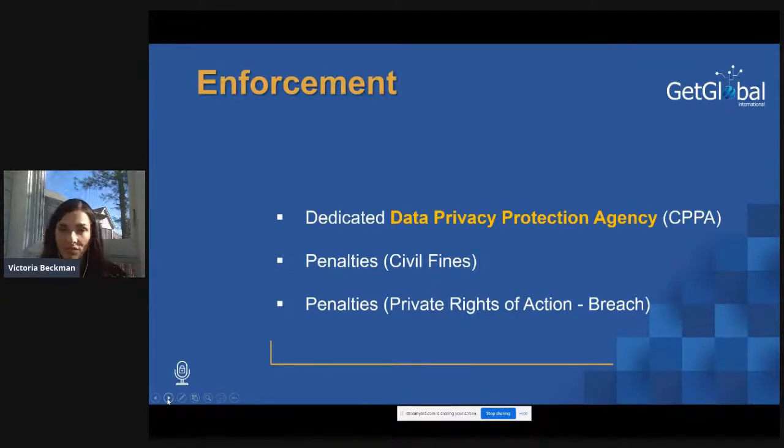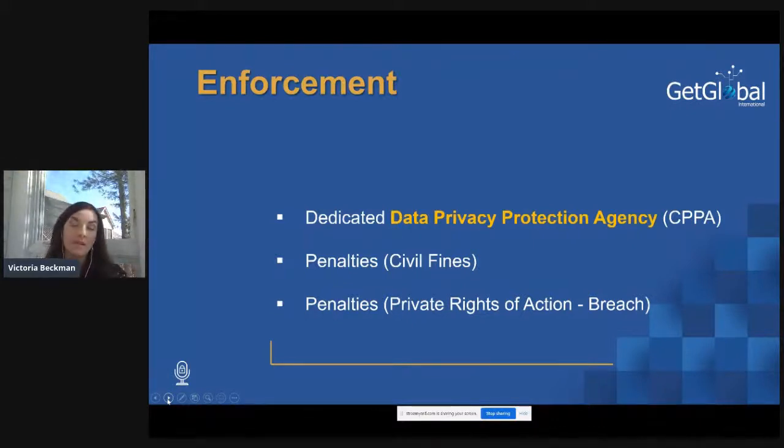And they will be in charge of also issuing regulations later on to explain and provide some guidance as to how it will be enforced. There will be the same penalties, or civil fines, that we have for CCPA.